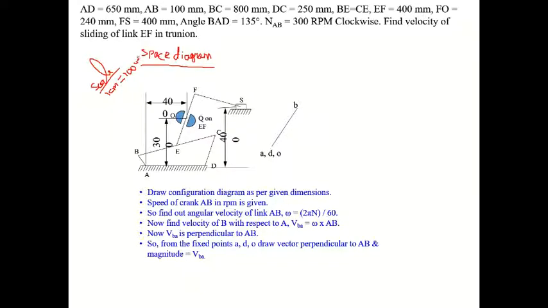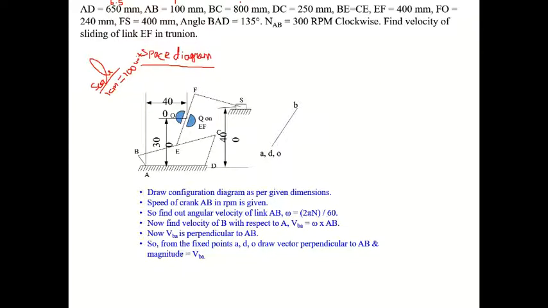So if AD is 650 mm, you have to draw 6.5 centimeter. AB is 100 mm, so you have to draw 1 centimeter.